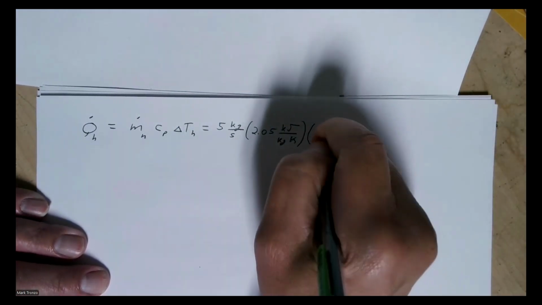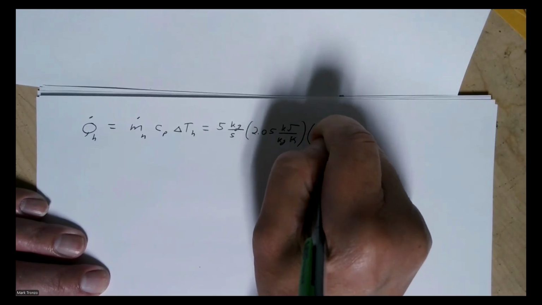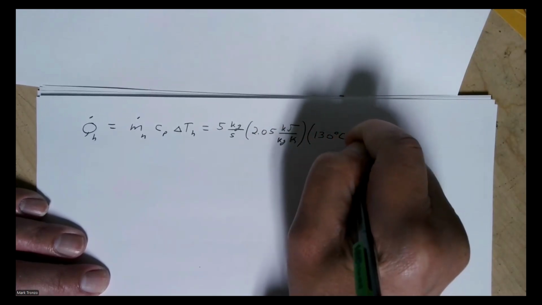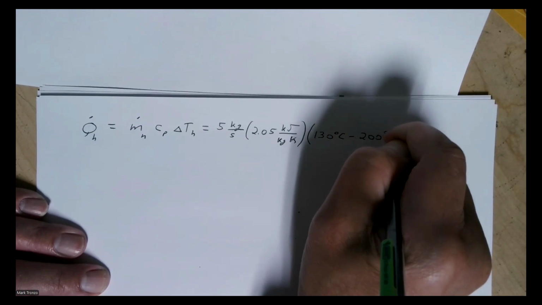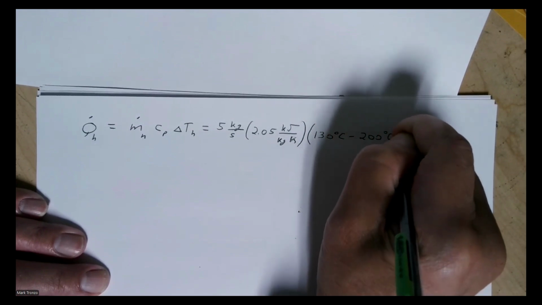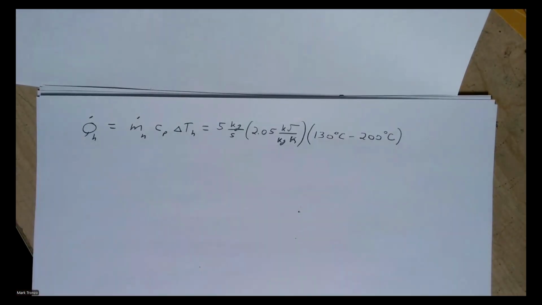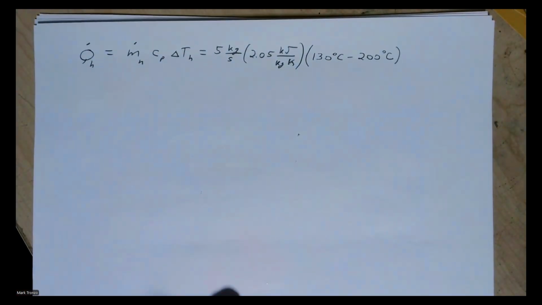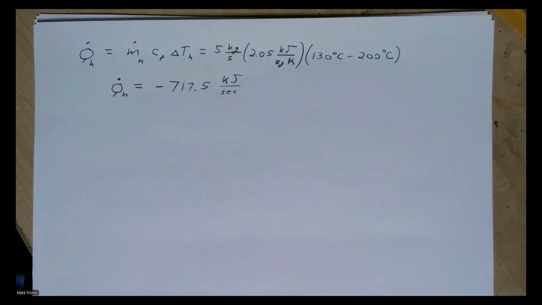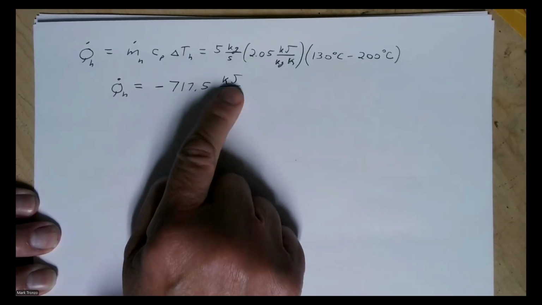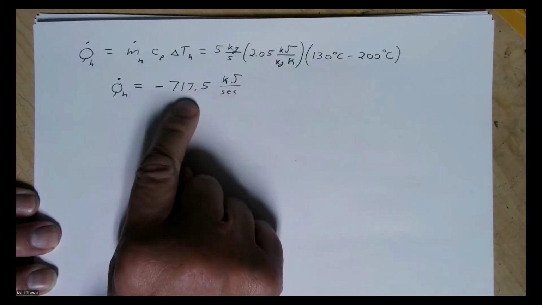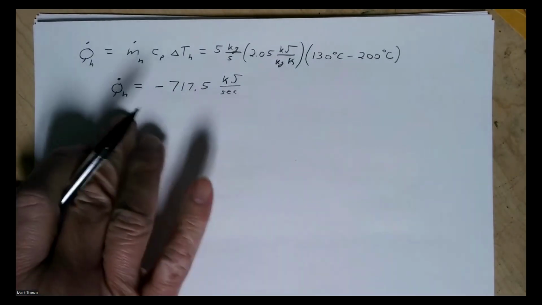And that's going to be 130 degrees C, the outlet temperature of the hot fluid, minus 200 degrees C, the inlet temperature. So the heat transfer rate is negative 717.5 kilojoules per second. Again, it's negative because the hot fluid is losing that amount of heat.